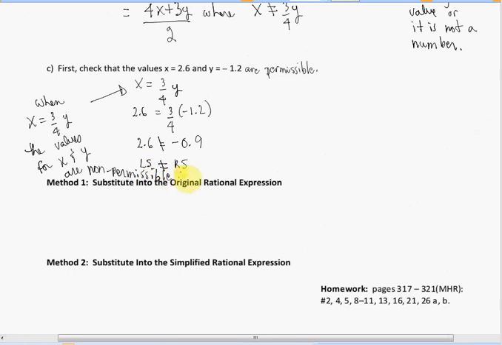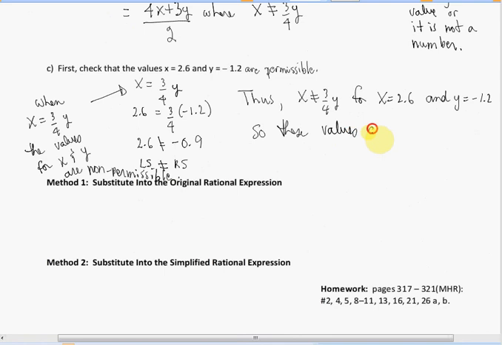So we've shown that the left side doesn't equal the right side, so that's okay. So thus x does not equal 3 over 4y for x equals 2.6 and y equals negative 1.2. So these values are permissible.